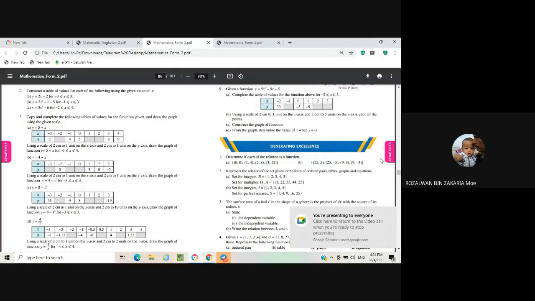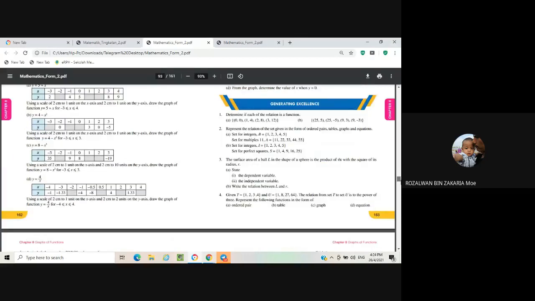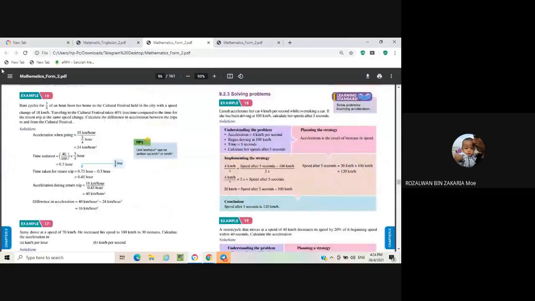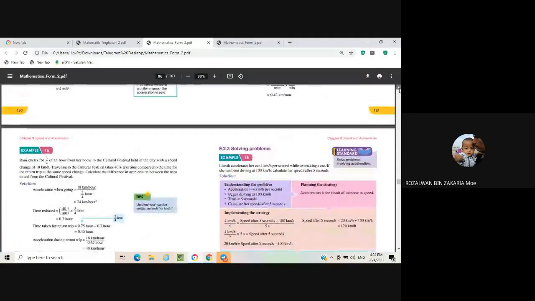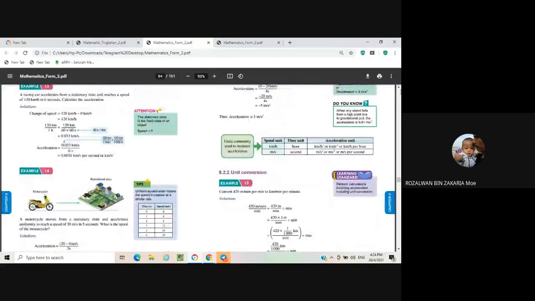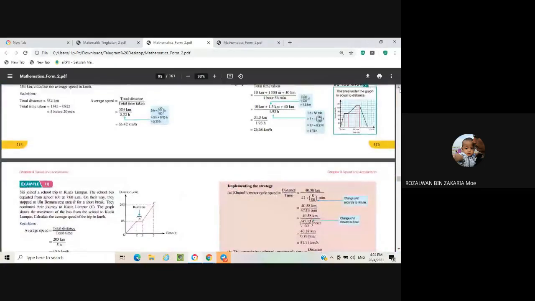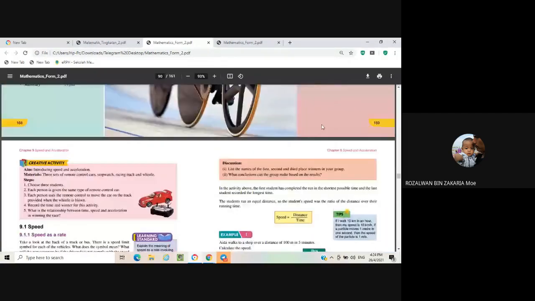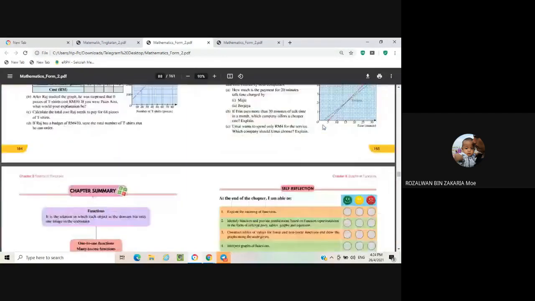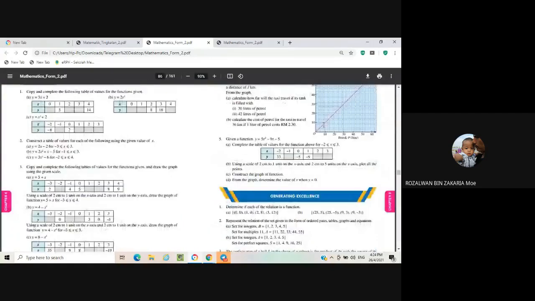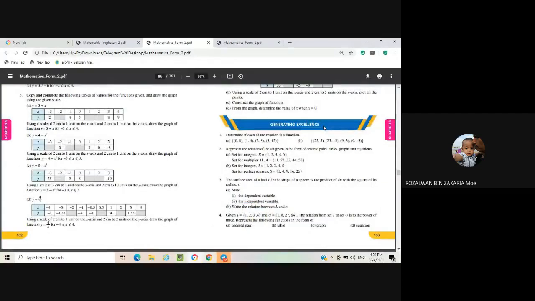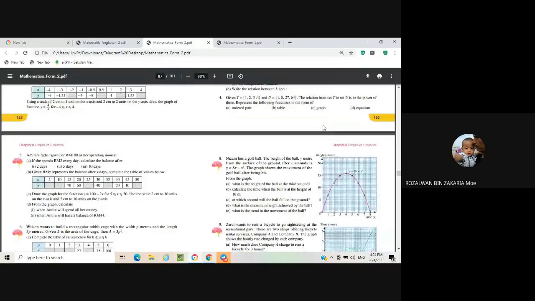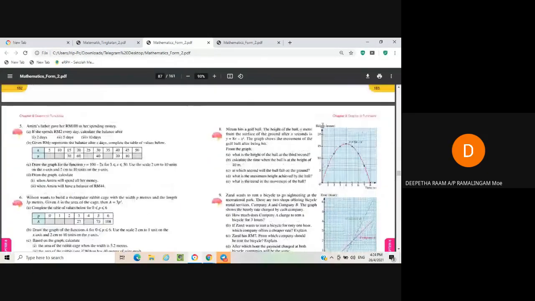Generating Excellent. Question from your math textbook, page 163. Please open your math textbook, page 163. Teacher, but we finished all the self-practice questions already.